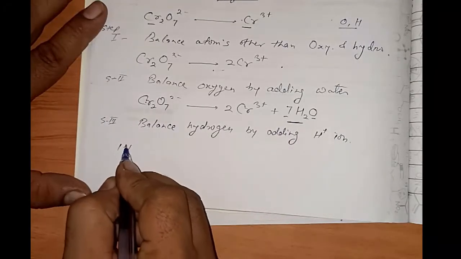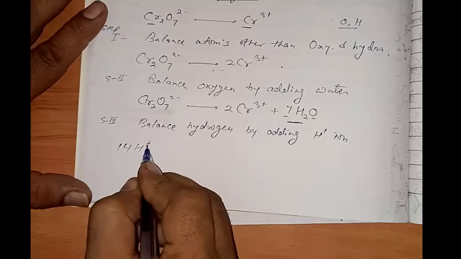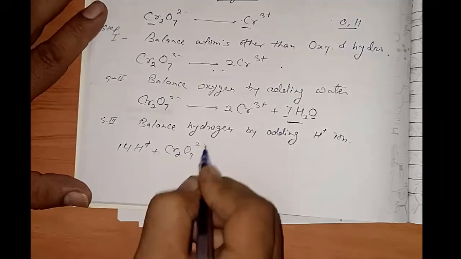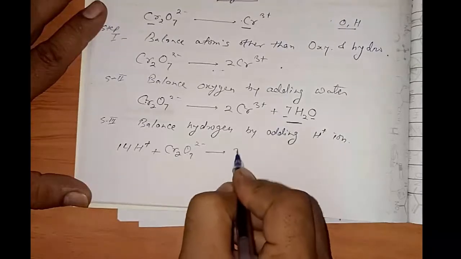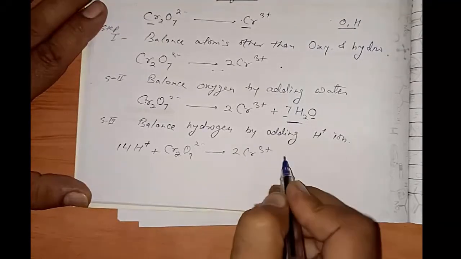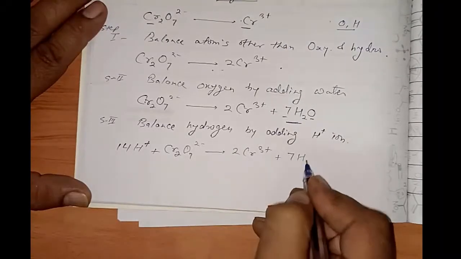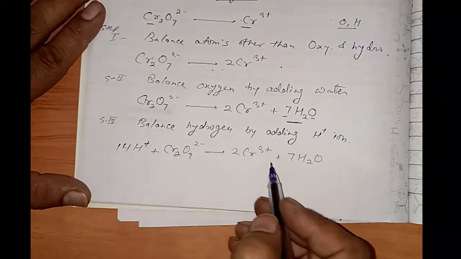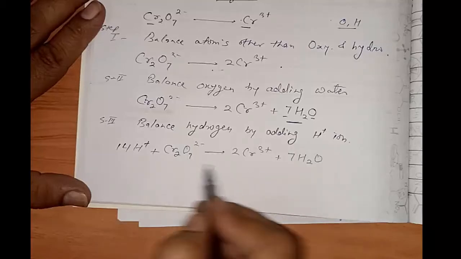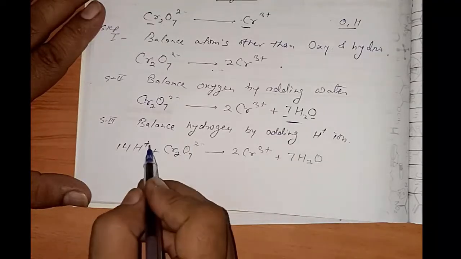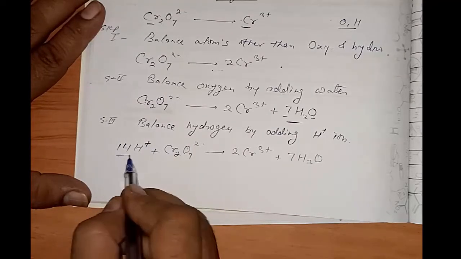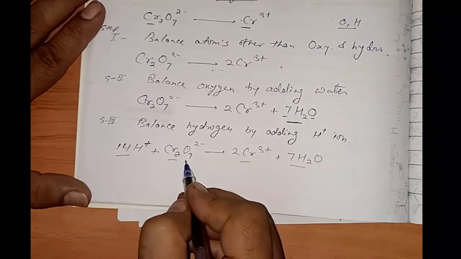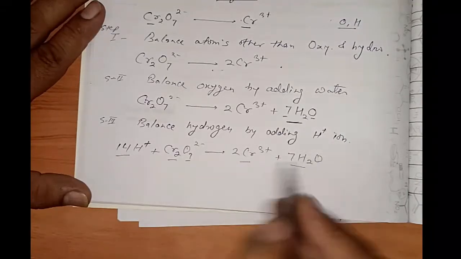So I write 14 H+ plus Cr2O7 2- gives 2Cr3+ plus 7H2O. Now all the atoms are balanced here: 14H, 14H, 2Cr, 2Cr, 7 oxygen, 7 oxygen.